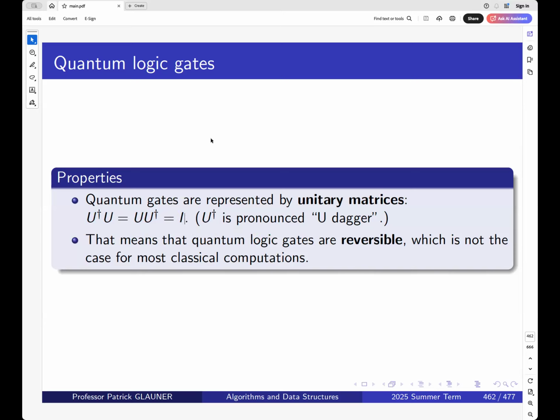Who of you remembers what the identity matrix is? If you remember, send a positive reaction and then maybe send to the chat what the identity matrix looks like. I'll wait for your answers while I'm switching again to the other screen.